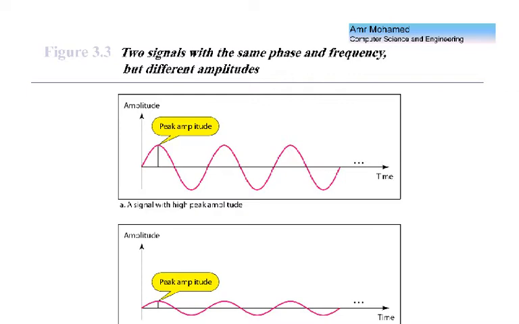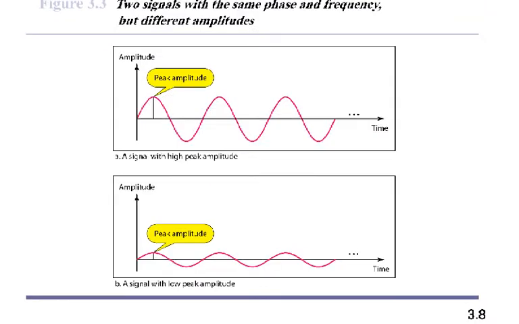As we have said, the fundamental parameters of the signal are the peak amplitude, the cycle duration, and the phase. So these are two examples of two signals. The difference, as you can observe here, is actually only in the peak amplitude.